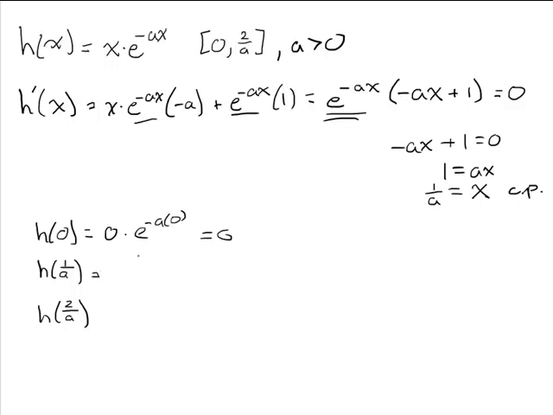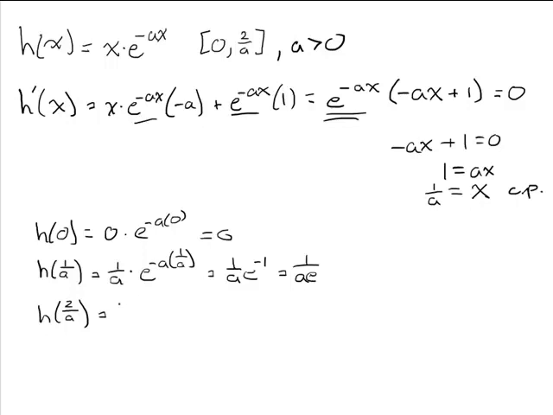H of 1 over a gives us 1 over a times e to the negative a times 1 over a. Negative a times 1 over a, that's going to be negative a over a, or negative 1. So we end up with 1 over a e to the negative 1, or 1 over a times e.